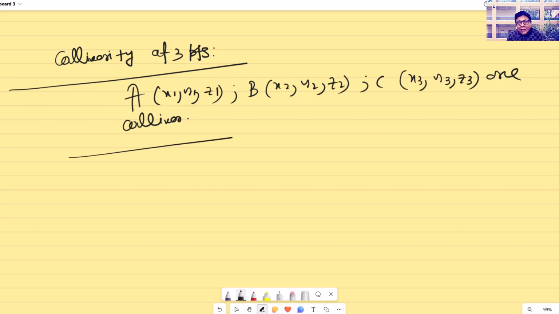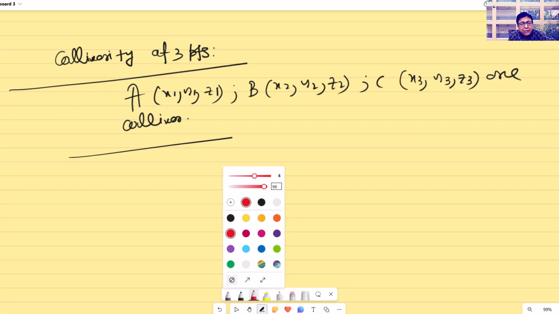Line can pass through 2 points, let those 2 points be A and B. On it, C may or may not lie. How to verify? What we'll do here first, let me explain with the help of the scalar form first.